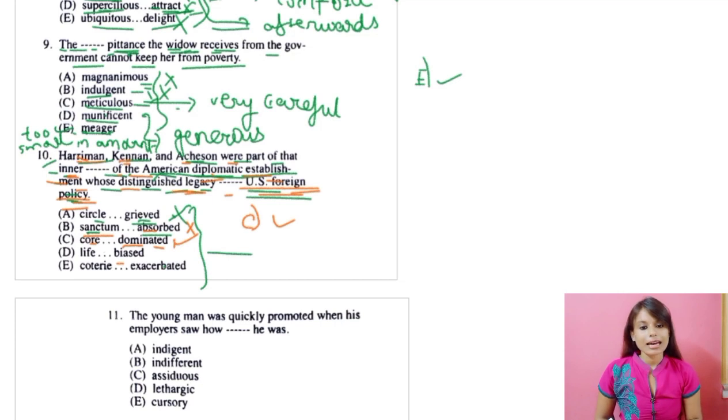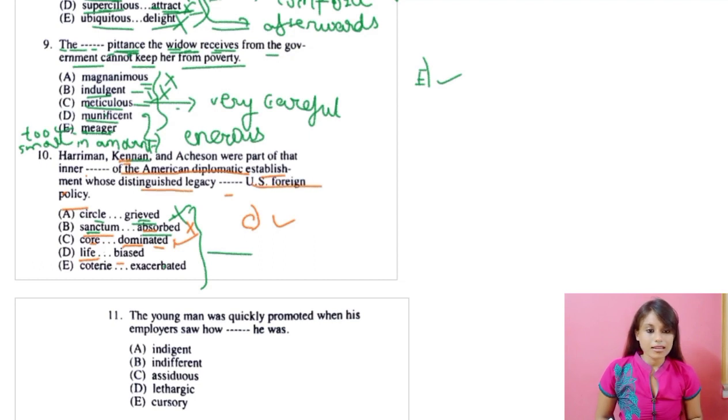If I put Harriman, Kennan and Acheson were part of this American diplomatic establishment, were part of the inner life of the American diplomatic establishment whose distinguished legacy biased US foreign policy. No, no, not at all.